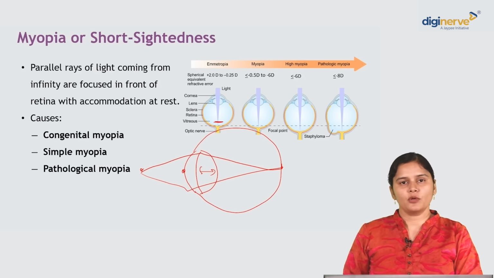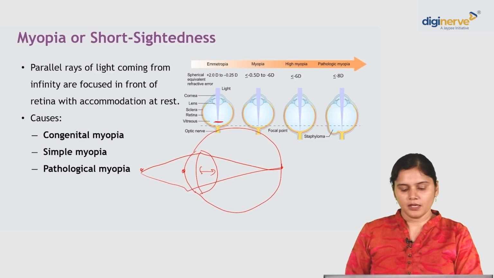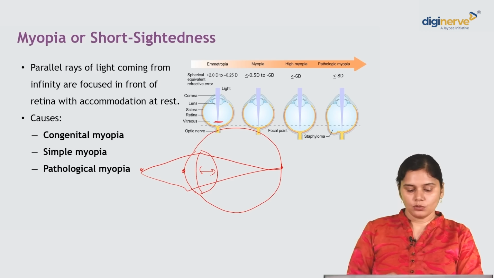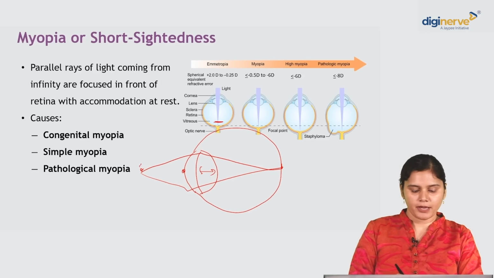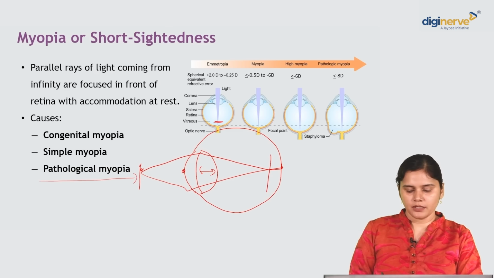That is when your accommodation starts decreasing and you start having presbyopia. So a person who has myopia is already actually focusing the light in front of the retina. As the object of interest moves near, the focus of the light automatically shifts behind without even the person accommodating. Therefore, myopes use very little accommodation.